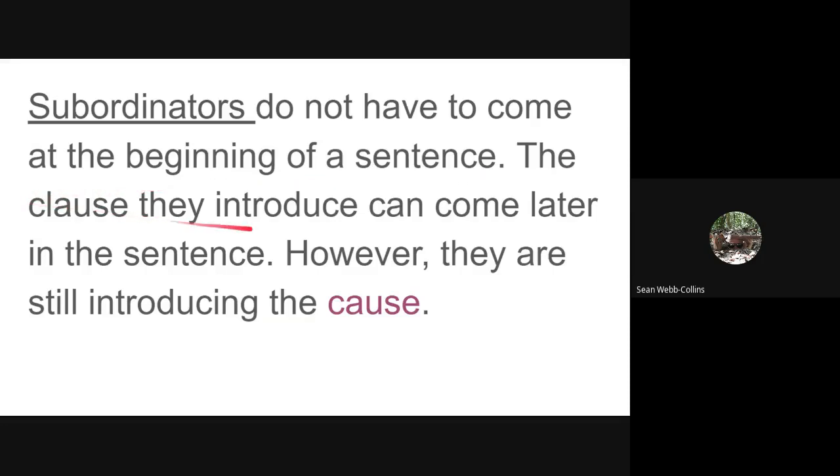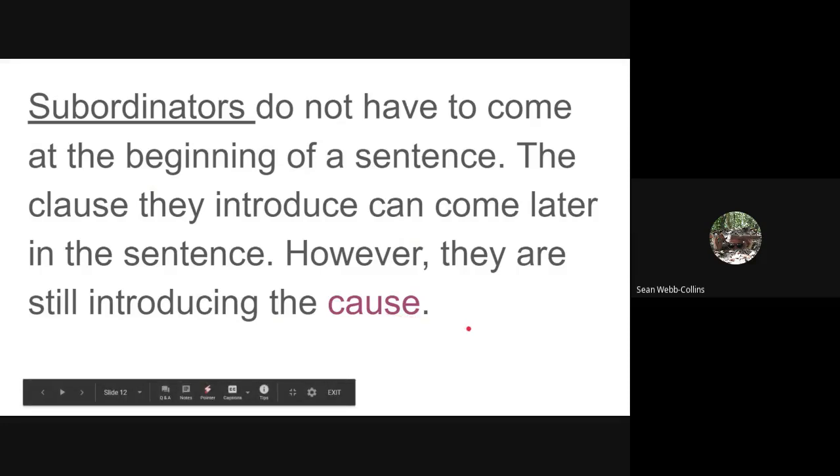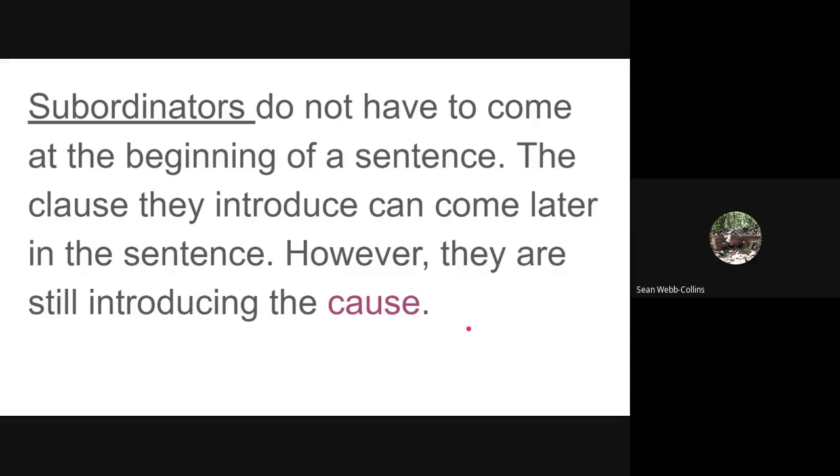The clause they introduce can come later in the sentence. However, they are still introducing the cause. So that means that you don't have to have the dependent clause at the beginning. You can have the dependent clause in the second half of the sentence and the main or independent clause at the beginning. It just affects whether you need a comma or not.